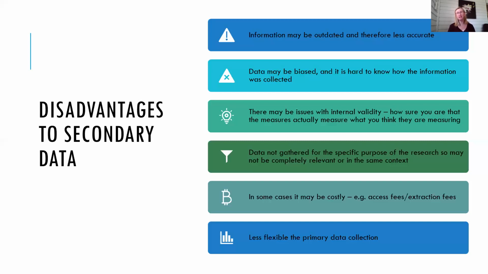And obviously it's less flexible than primary data collection, because when we as the researcher go into the field and collect our own data, we can notice, oh, this isn't exactly what I'm getting at. So I might change my data collection technique. I might change my research question slightly, but we're not able to do this when we're using somebody else's data.